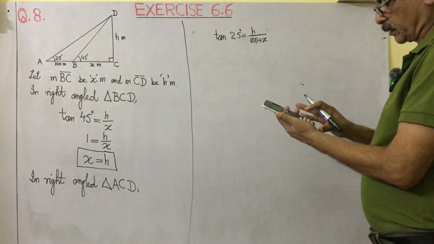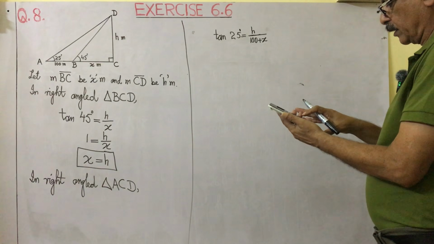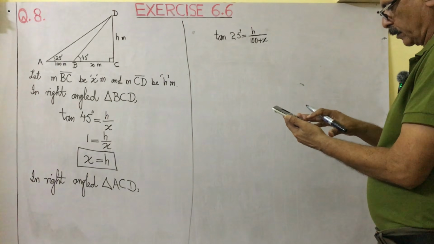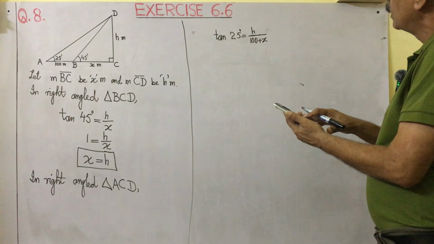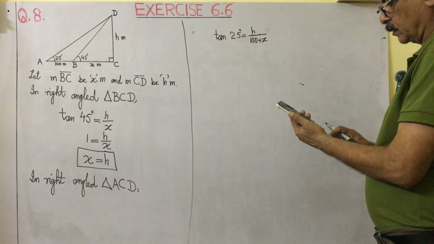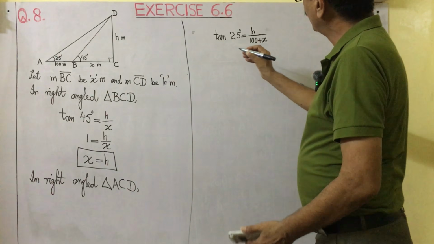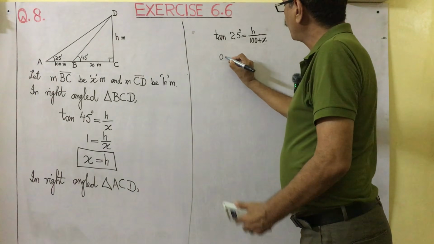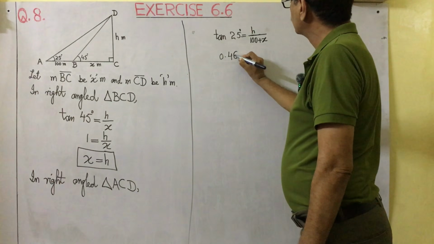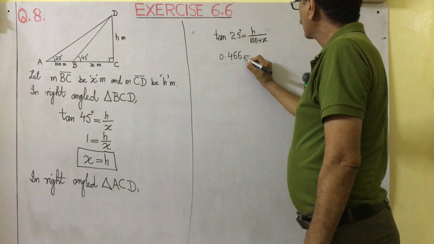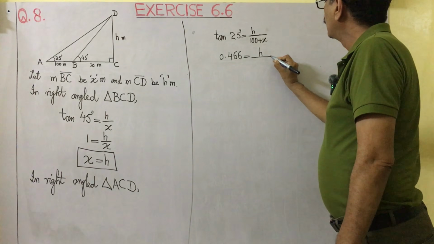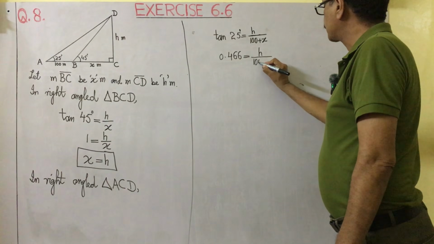By using a scientific calculator, we see that tangent of 25 degrees is equal to 0.466, which is equal to h over 100 plus x.